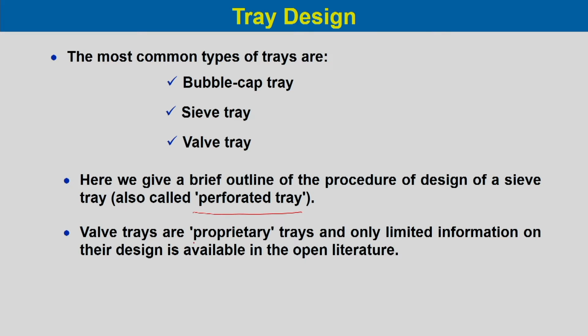The valve tray, as we said, is a proprietary tray and only limited information on its design is available in the open literature. As far as the design is concerned, we will outline the sieve tray, because the design parameters for proprietary trays like valve trays are not much available in the open literature.